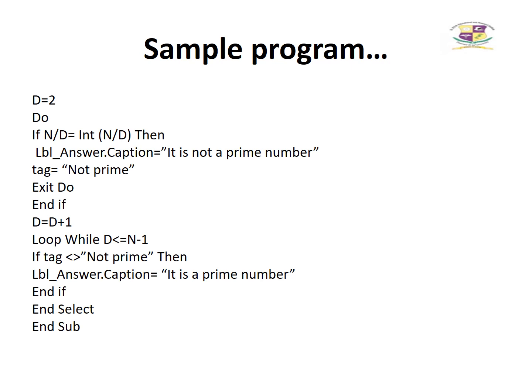Once it comes out of the loop, an if condition is used to check whether the tag is not a prime number, then the caption is assigned as it is a prime number. So this is the end of the program.